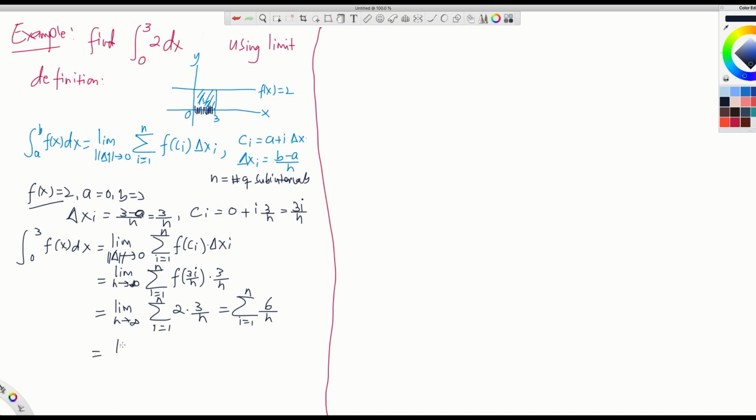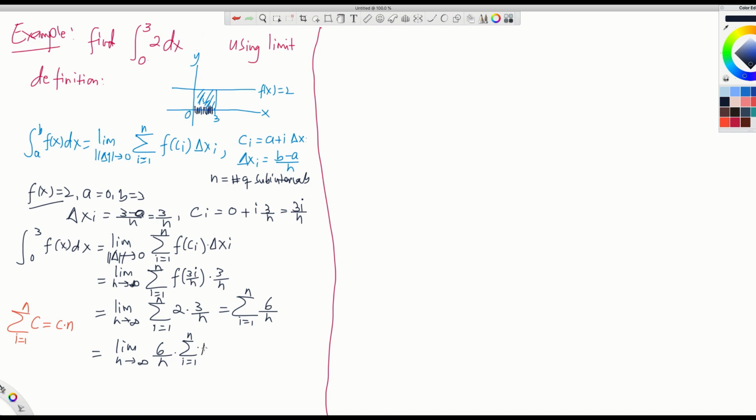So this is basically the limit as n tends to infinity. What is the summation of 6 over n? There is no i there, right? If there was an i, you would need to use the sum formula for i. The summation of a constant c is just c times n, because if there is no i, you can pull the constant out, and it is just adding 1 n times. You can think of 6 over n, and then summation i runs from 1 through n of 1.